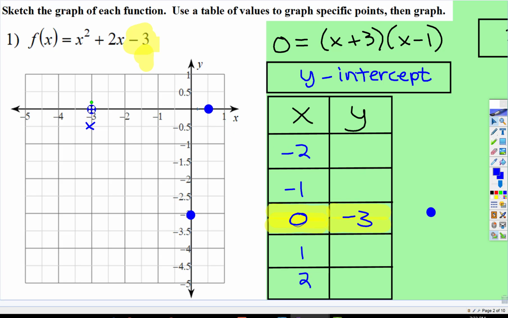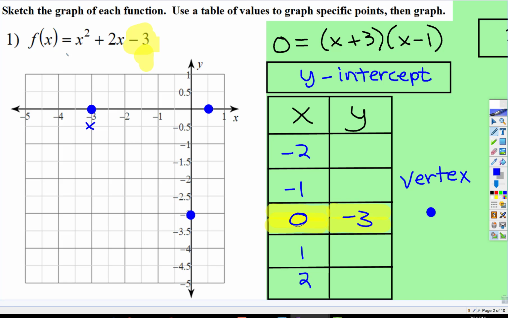Well, if these are the two intercepts, halfway between them, right here at -1, this will be our vertex point.